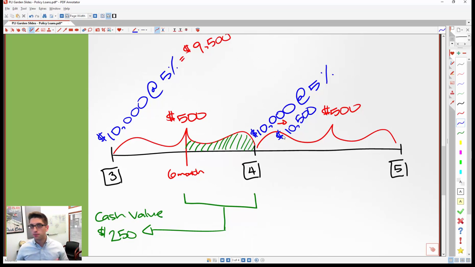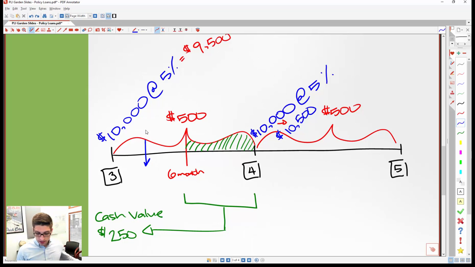Now, as you're processing these policy loans, you'll notice this is running on a day-to-day basis. So everything is calculated on a day-to-day basis. So that interest that they're going to take is going to be a pro rata amount based upon what period of time you're taking that policy loan.